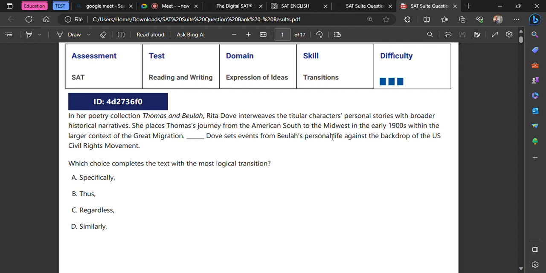So in this specific context, similarly cannot be an option in terms of critical knowledge. Regardless can also not be a fit, so it leaves us with option A and option B. Hamza, what do you think is going to be the correct answer?